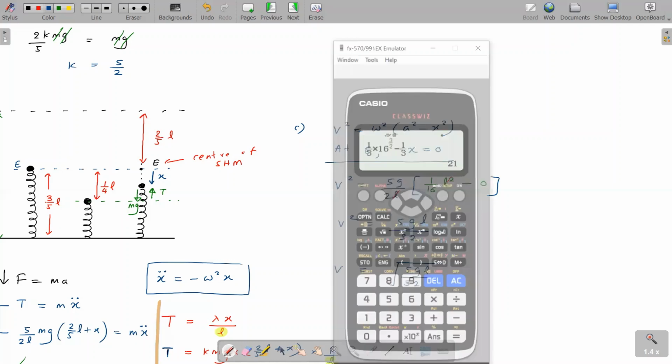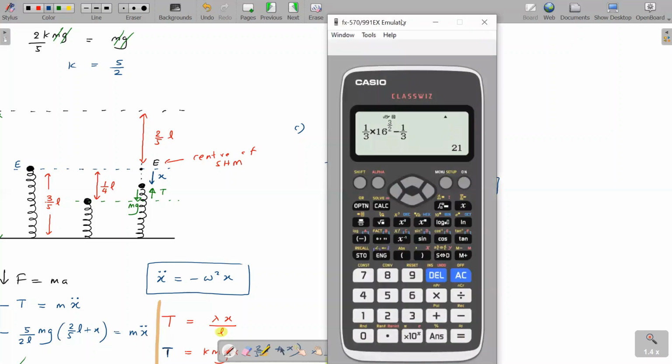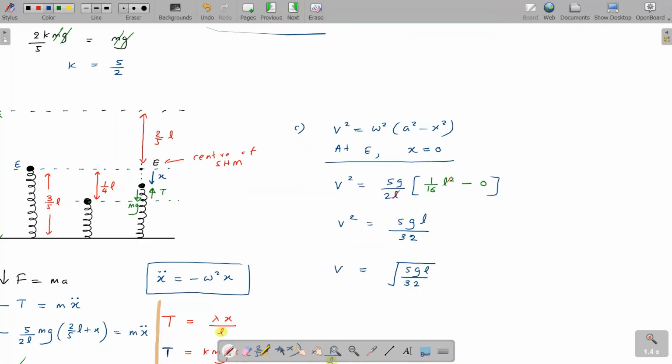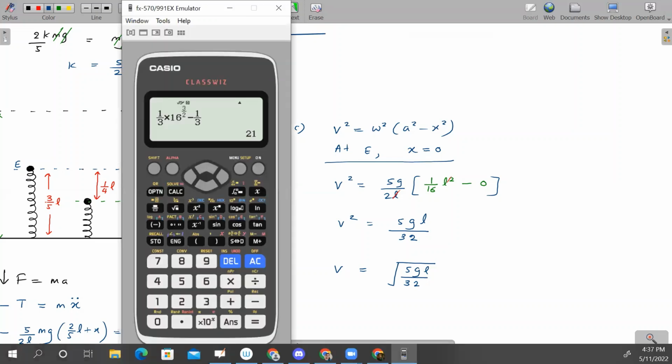So maybe you could simplify this slightly by doing root 5 over 32. We can't type GL here, so GL will definitely be inside the root. So this is root 10 over 8.